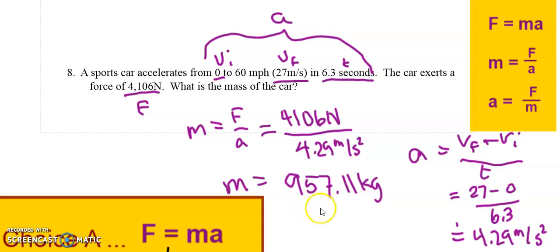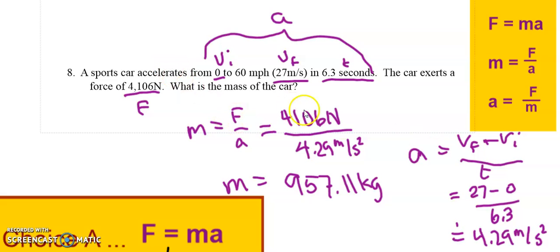Now, I want you to know that you've got an assignment with like 10 problems or so on it, and sometimes I'll ask you which one of these formulas you would use to solve a problem. I know you could say that any of these formulas would help solve this problem. But I'm looking for you to comprehend that this one is looking for the mass, so this will be the mass equals formula.